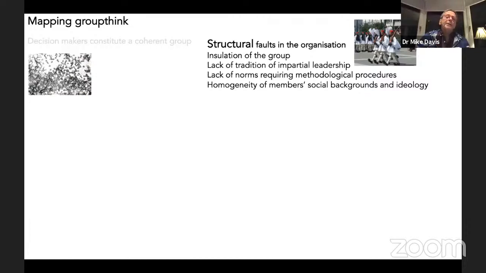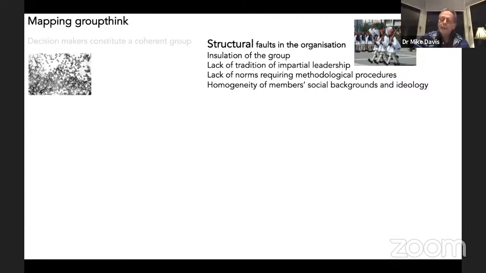The other characteristics of groupthink are a little bit more complex in many respects, but they're summed up in the headings in each of these categories here. The notion that the organization within which the team or group is functioning has some structural faults.